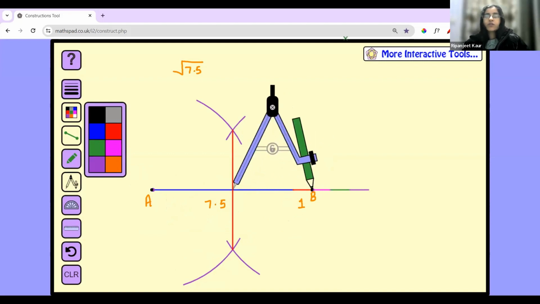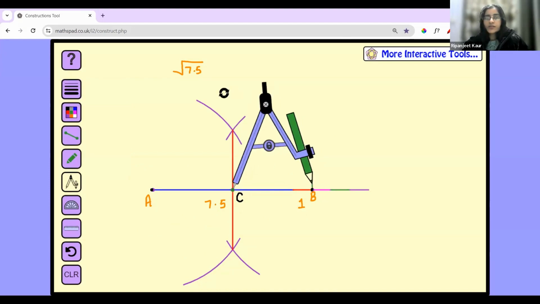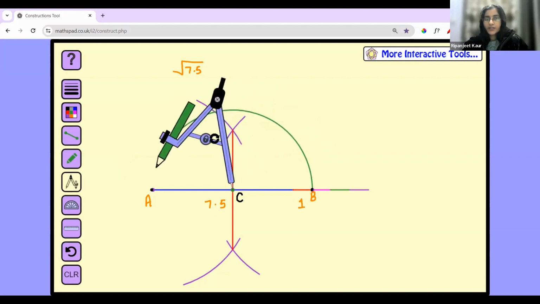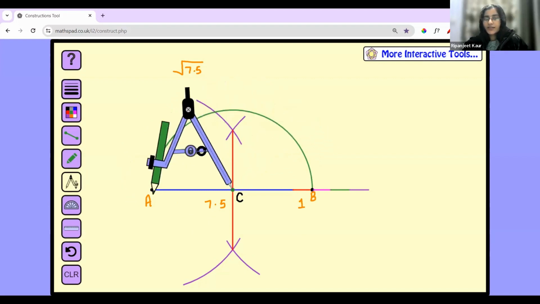Also let us call this point, which is the center point for this semicircle, the point C. So this is the point C, the center. After doing this, let us construct the circle. So here is the semicircle for us. Great, the semicircle is ready.